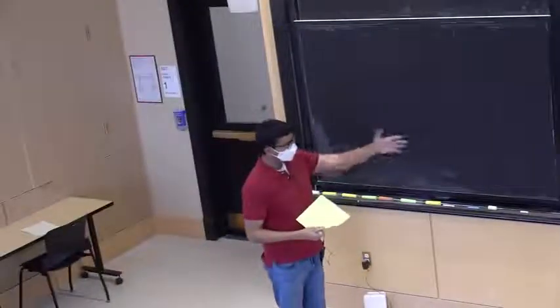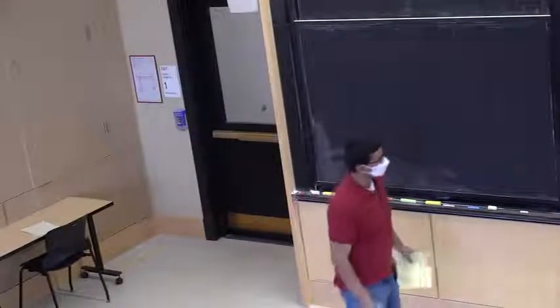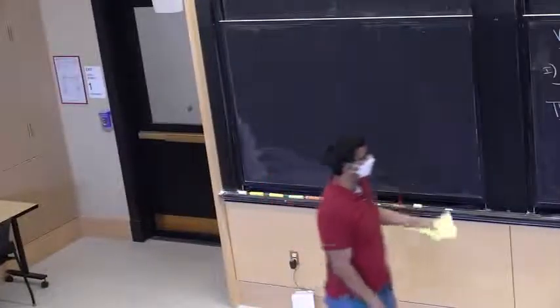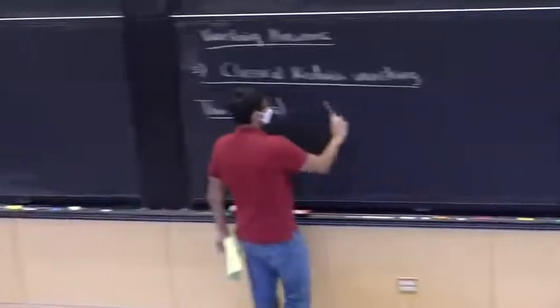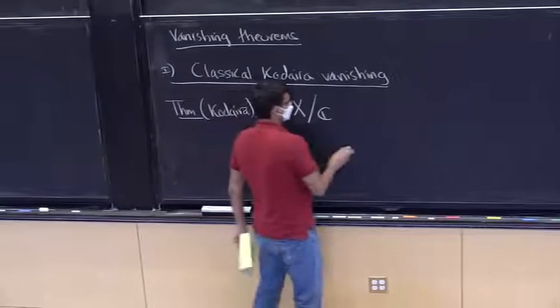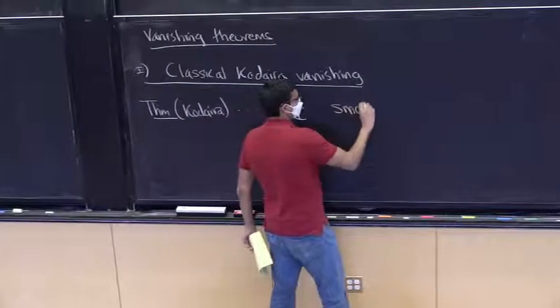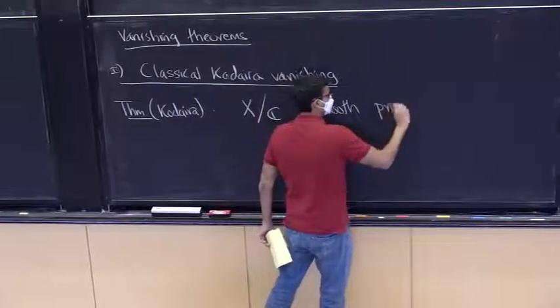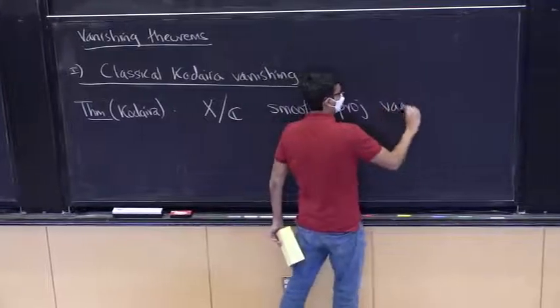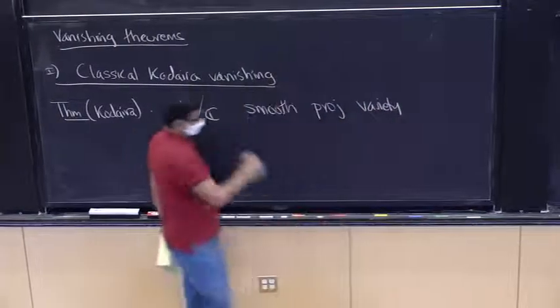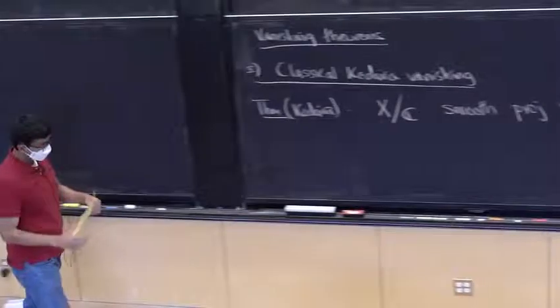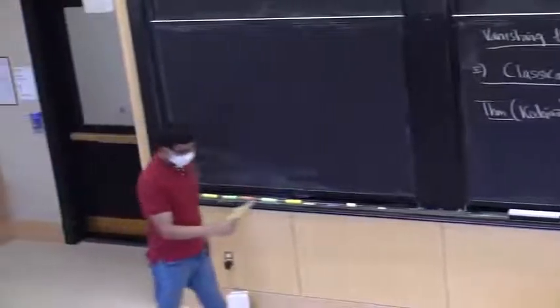I will formulate it in the language of algebraic geometry, although originally there was a more analytic formulation. So X over the complex numbers is a smooth projective variety. So it's something sitting inside projective space, and then it's also a manifold.